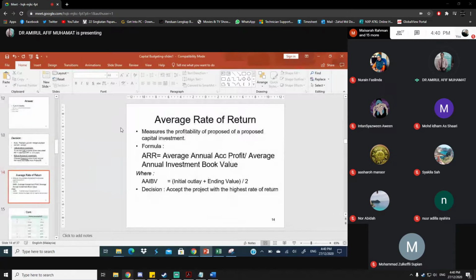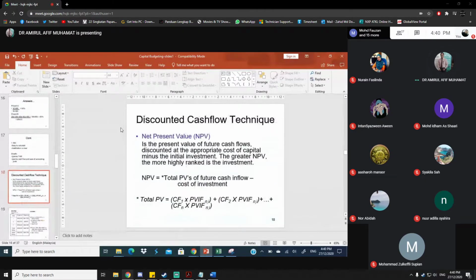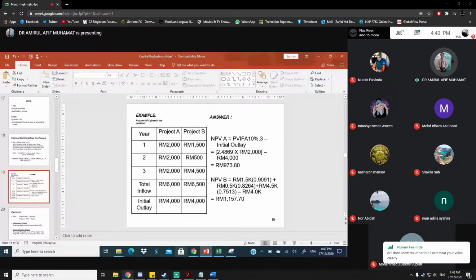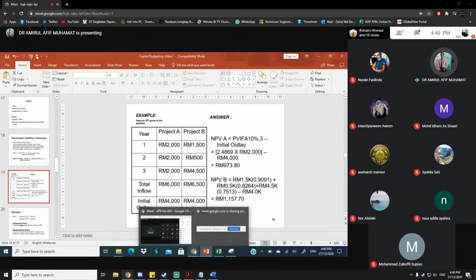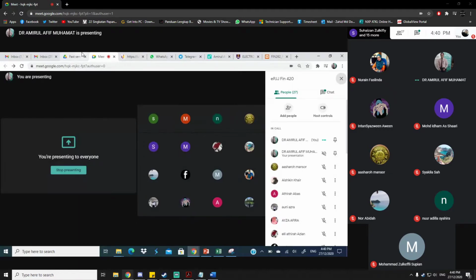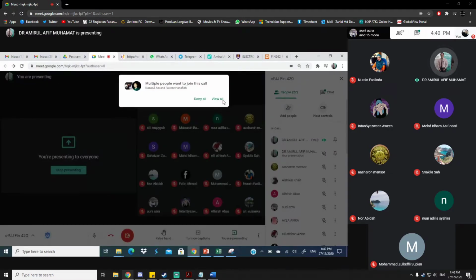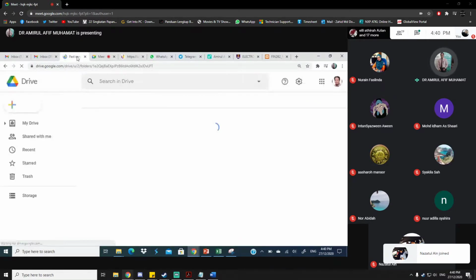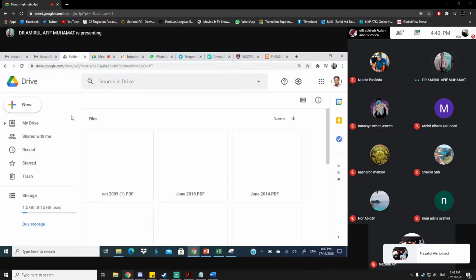Right. So next, we will discuss the NPV. So for the NPV, you need to refer to the factor table. You can get the factor table from your reference book, if your reference book has it, or you can get it from the final semester exam paper.